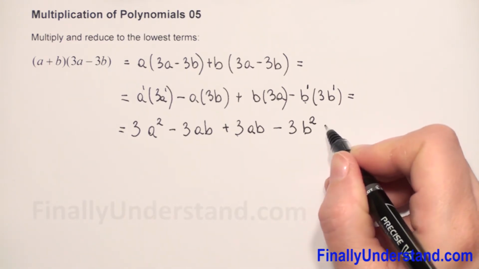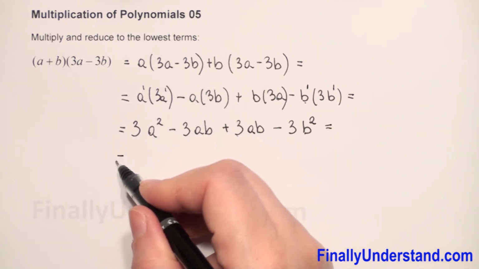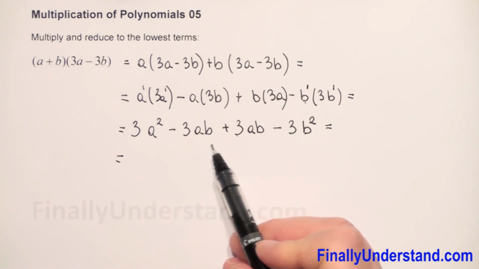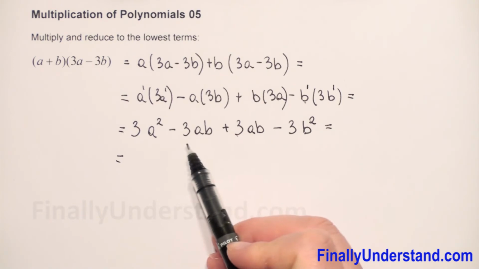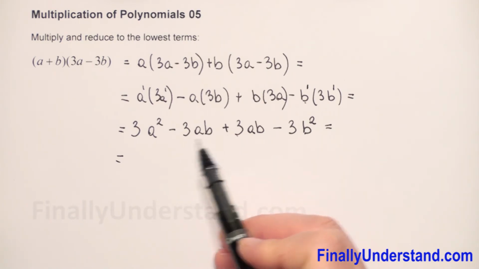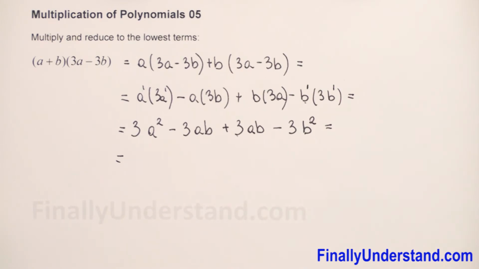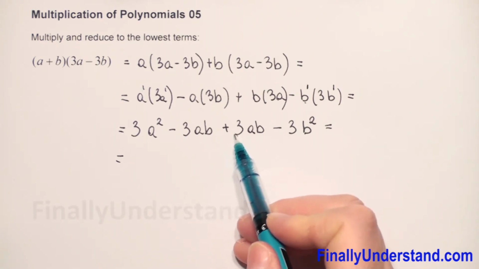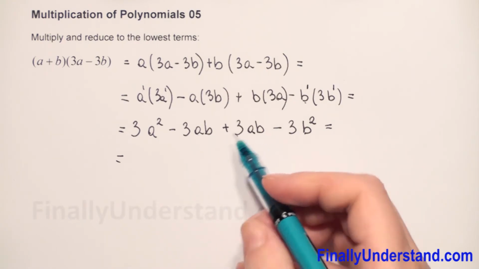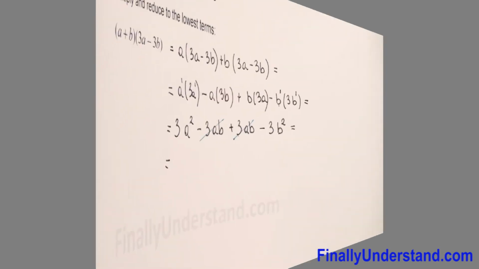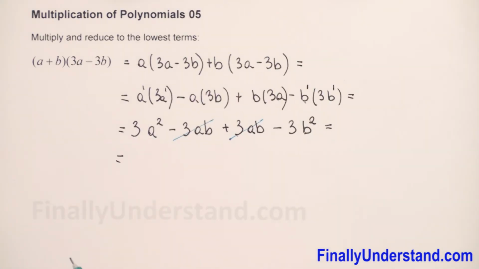Now we have to combine the like terms. We have 3a squared and we don't have another a squared. Next we have negative 3ab and positive 3ab. So we have the same number and the same variables, positive and negative, so these expressions cancel and it will be 0.